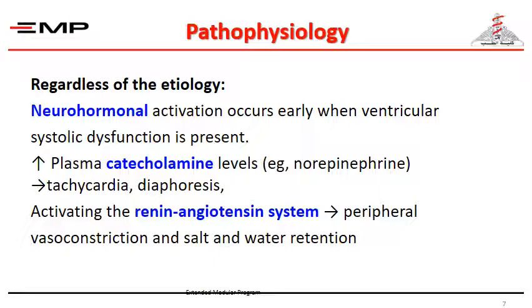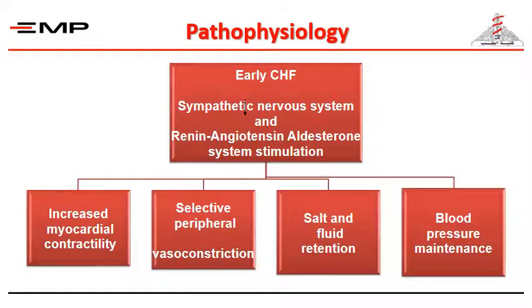Diaphoresis ده هو this profuse sweating because of disease. There is also activation of the renin-angiotensin system. This leads to peripheral vasoconstriction علشان يبعت الدم للأورجنز المهمة. الجلد مش مهم بس بقية الأورجنز مهمة. And this also leads to salt and water retention which leads to volume overload.